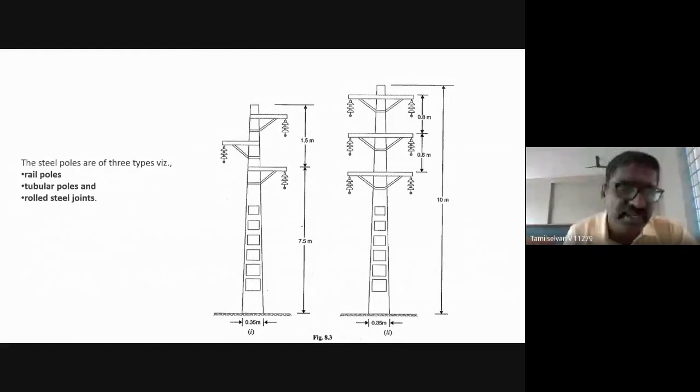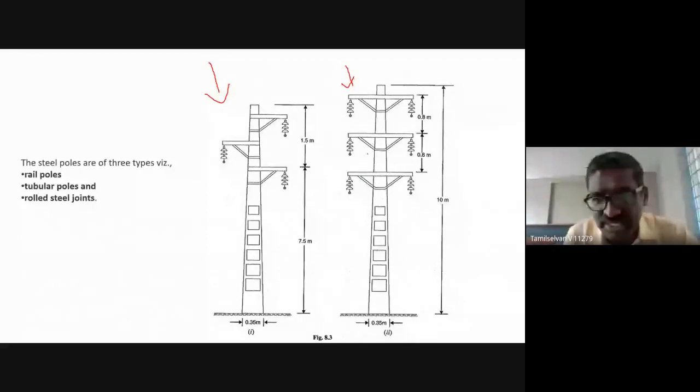This one is used for low voltage transmission capacity. In comparison, this one is normally for 20 kilovolt, and these structures are used for often less than 20 kilovolt. If it is greater than 20 kilovolt and maximum 110 or 115 kilovolt, we use this type of concrete structure.